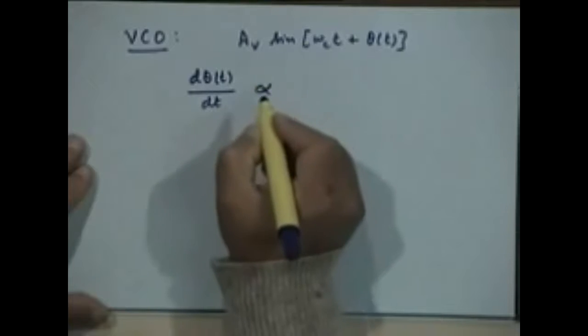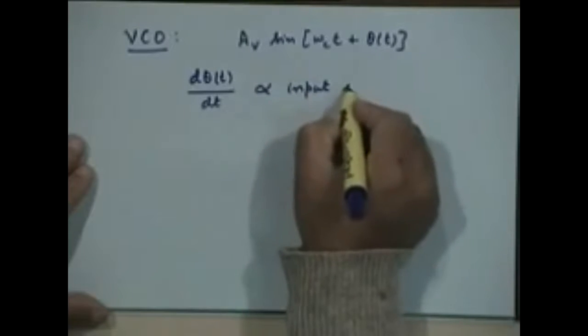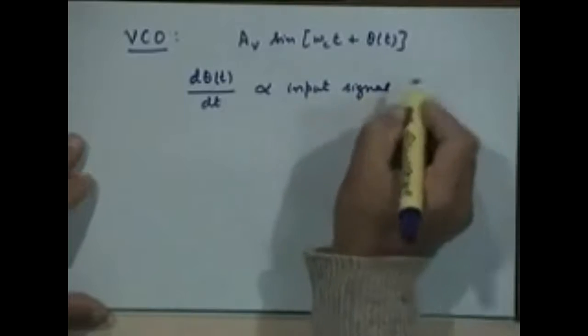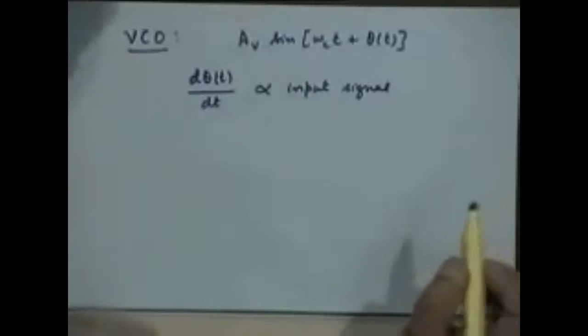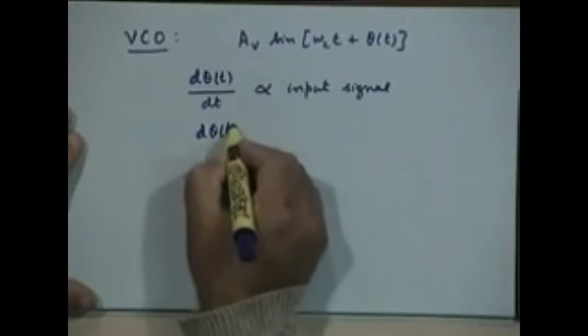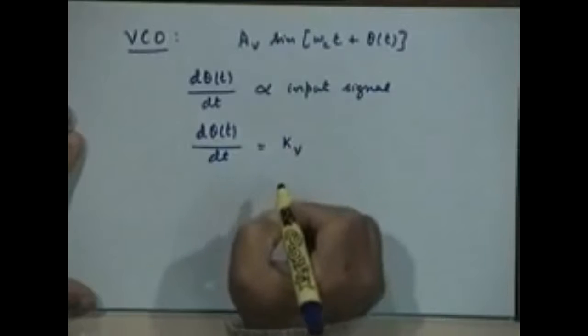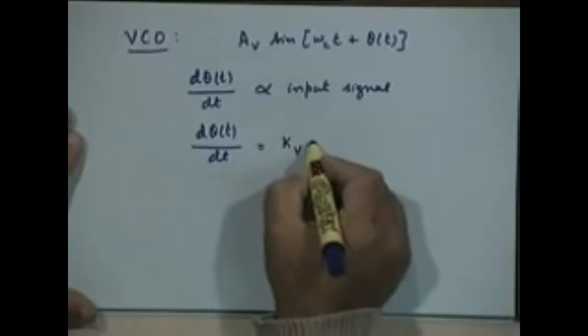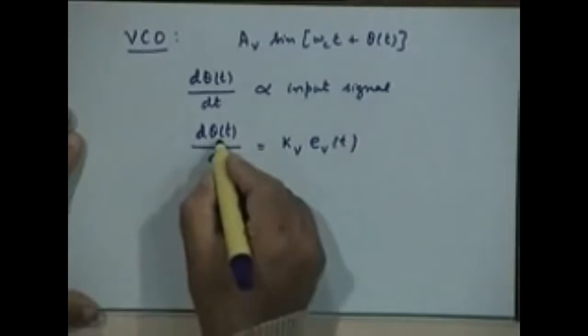This must be proportional to the input signal, and if you follow the notation that I have used in the diagram of the phase lock loop, the input signal to the VCO is E sub v of t. So, d theta by dt is some constant, let me call it k sub v, the VCO constant, times E sub v of t.